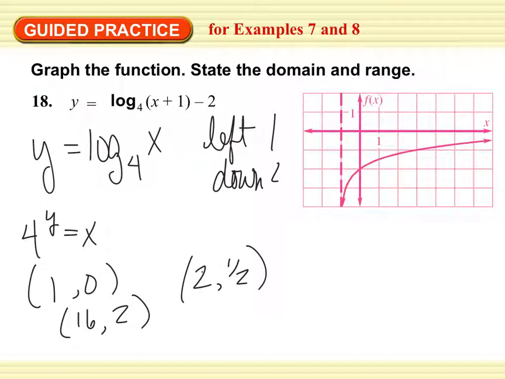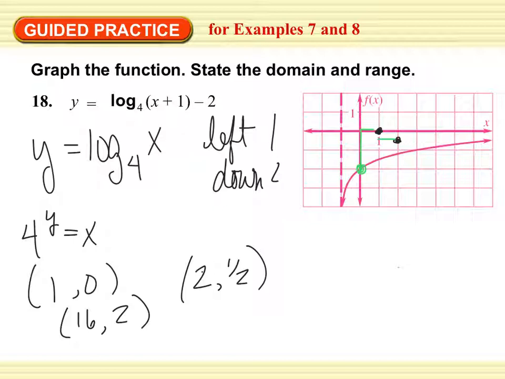I'm running out of space. Go ahead and graph them, 1, 0. And we'll do 2 and 1/2. I'm going to change colors. Left 1 down 2. Left 1 down 2. Perfect. Left 1 down. Oh, I went the wrong way. Haha.